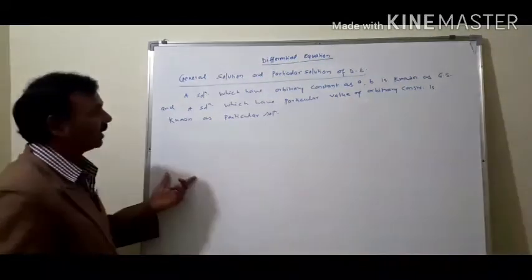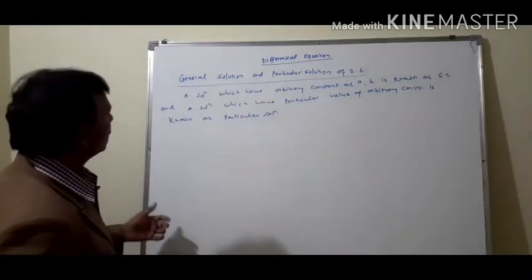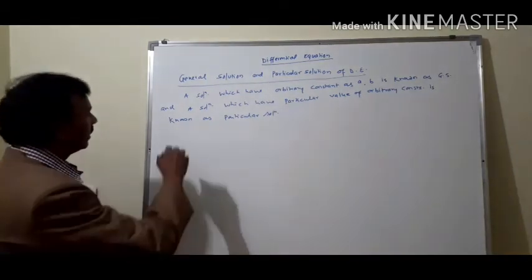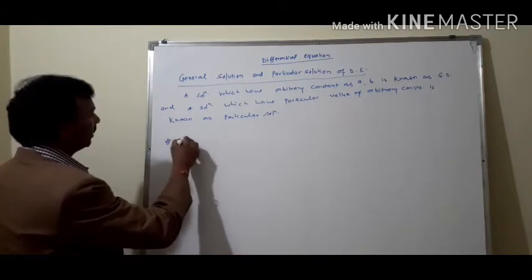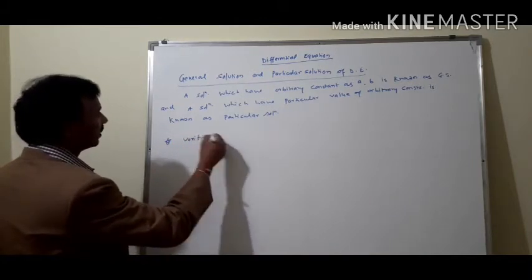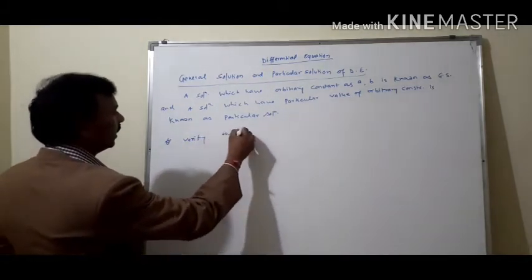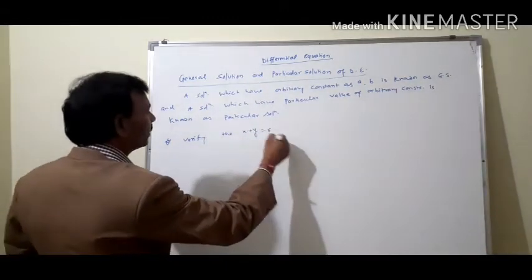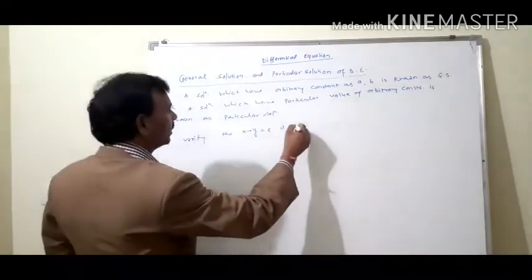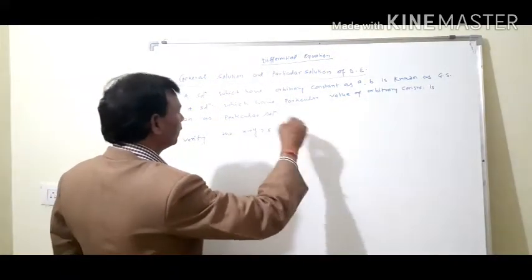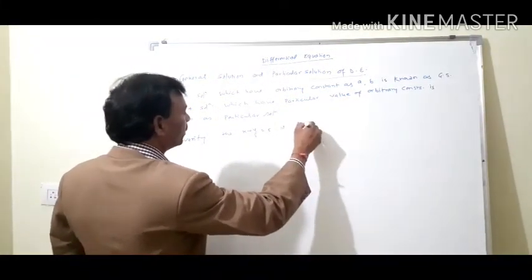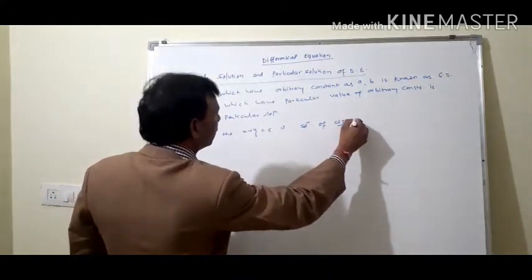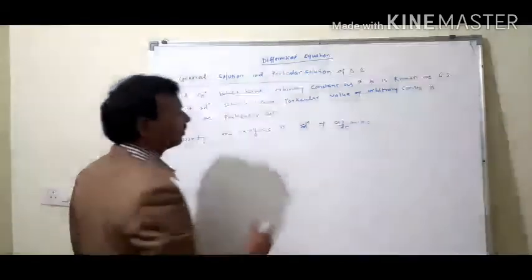Now here we take some examples of solutions of differential equations. The first question is: verify that x plus y equal to 5 is a solution of dy upon dx plus 1 equal to 0.